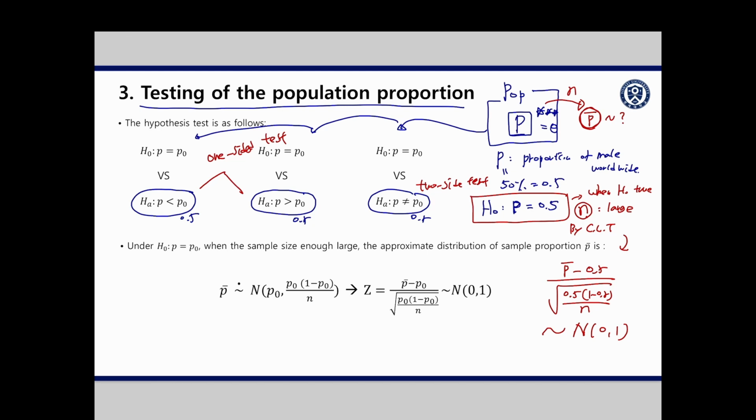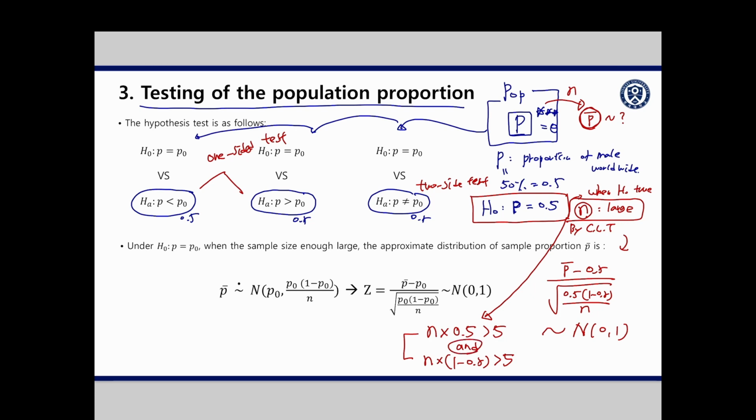Here, the criteria for a sufficiently large sample is when n multiplied by 0.5 is greater than 5, and n multiplied by (1 minus 0.5) is greater than 5, satisfied simultaneously.